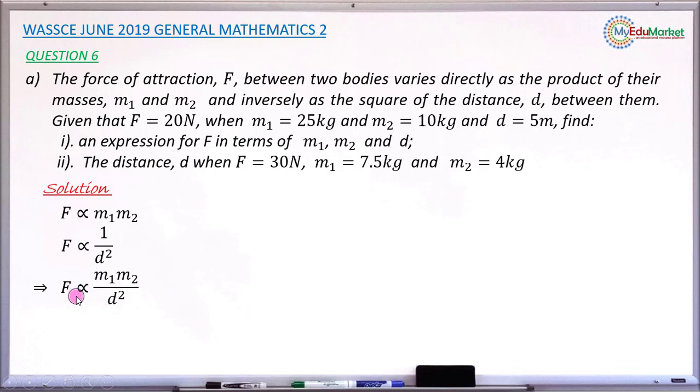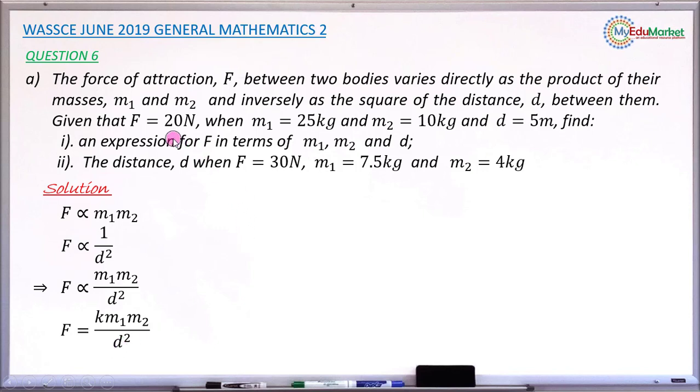There we usually introduce the constant of the variation. So you have F equals, you have removed the sign of proportion, you replace it by an equality sign. That makes us introduce the letter K as the constant of the proportion. So you have F equals K m1 m2 all over d square.